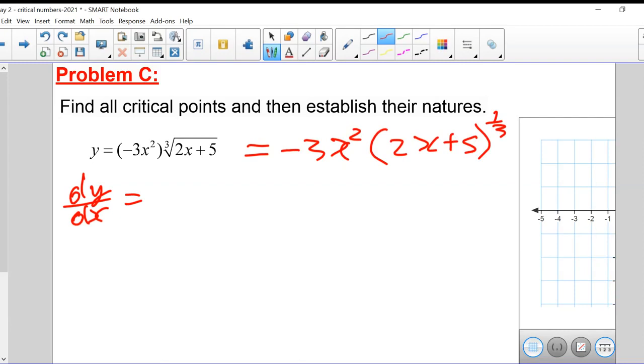So dy dx is equal to the derivative of the first part, which is the minus 6x, not squared anymore, right?